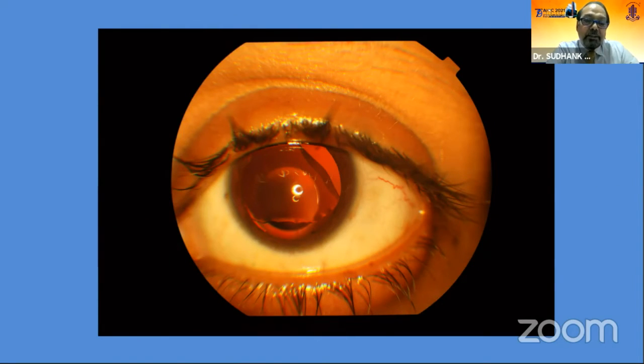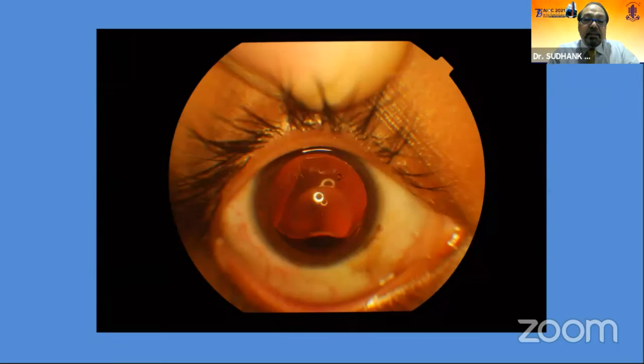And as you can also appreciate, the lens is not sitting very central, but this lady was 18, about to get married, and with 18 and 4-5 cylinder astigmatism, she was not getting anything more than 6/36. Even with this decentered ICL, she could get 6/18 or better. This is an amazing result with the optics of the ICL sitting inside the eye, and it gives you a wonderful possibility of vision in all these cases with very high myopia.